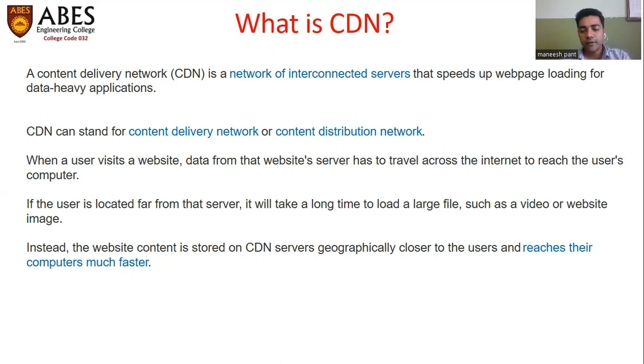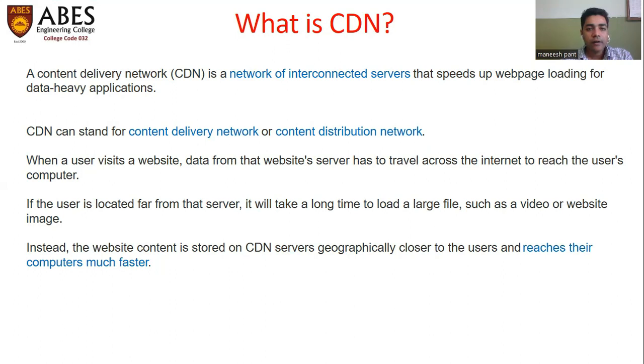Latency means the time it is taking to get the data from the server or the edge location. So if we place the edge location between the user and the server, the latency of the data received is going to be very much decreased.